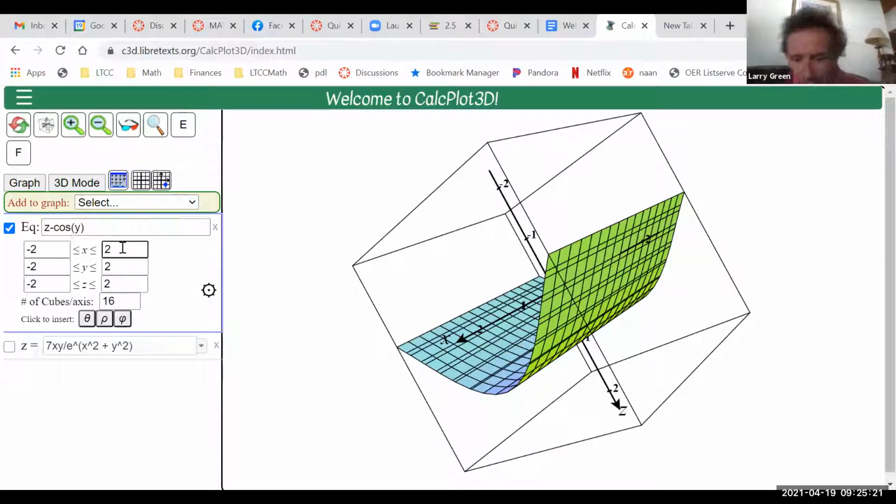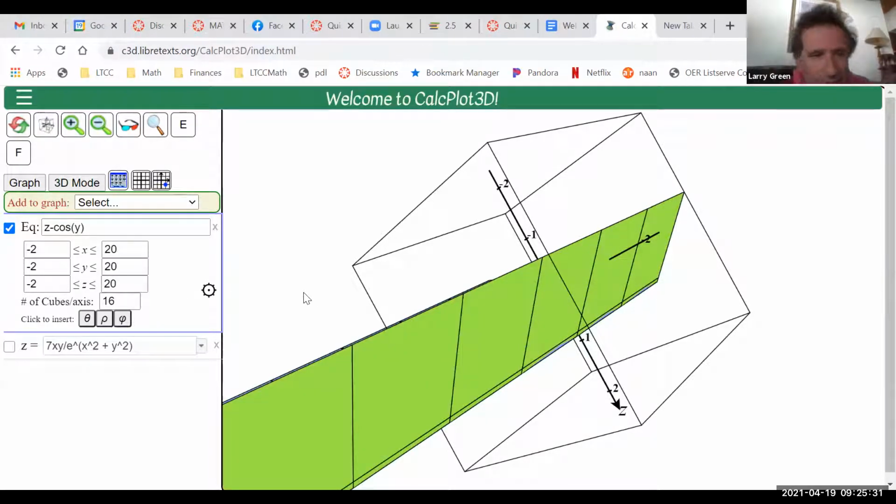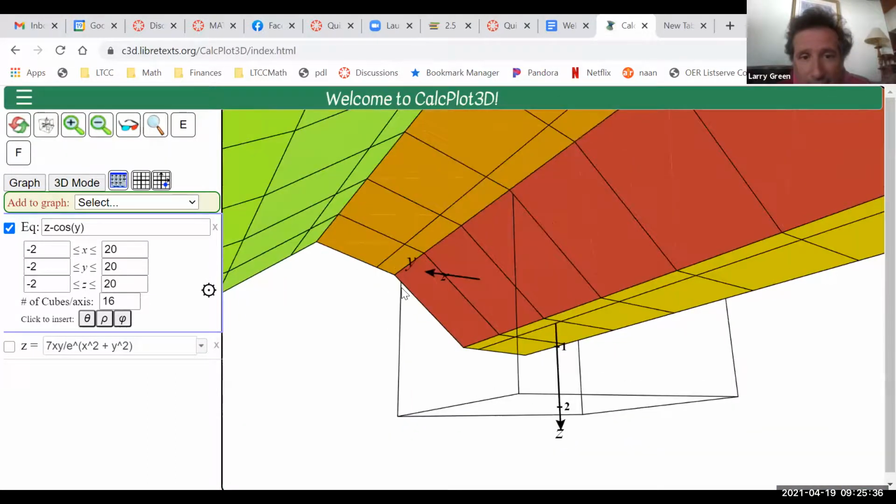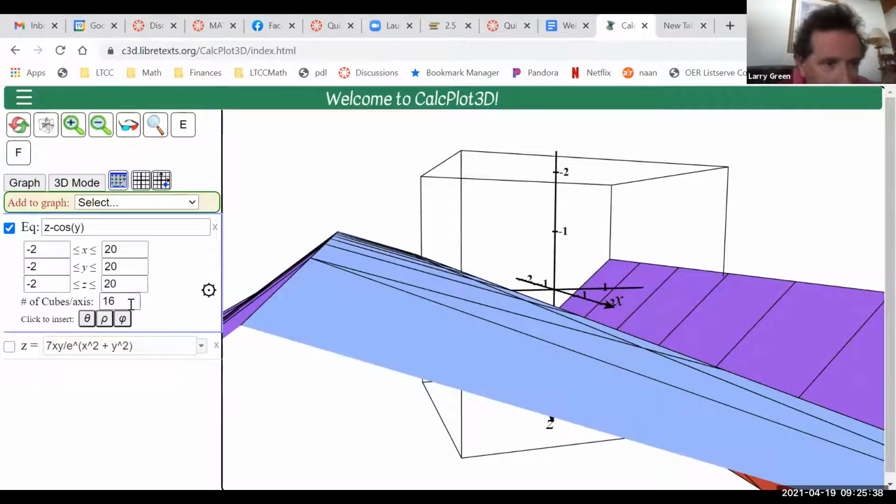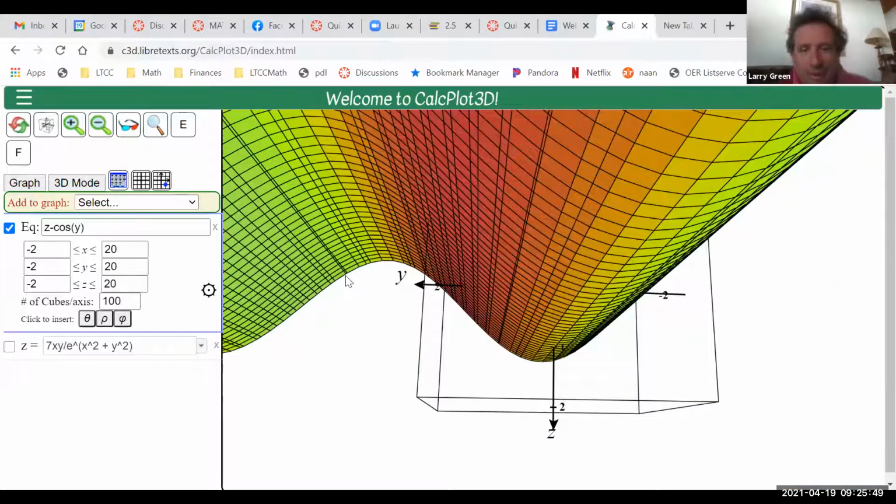Let me have more. How about 100? Might take a while. Yep, there it is. So this is a cylinder also.